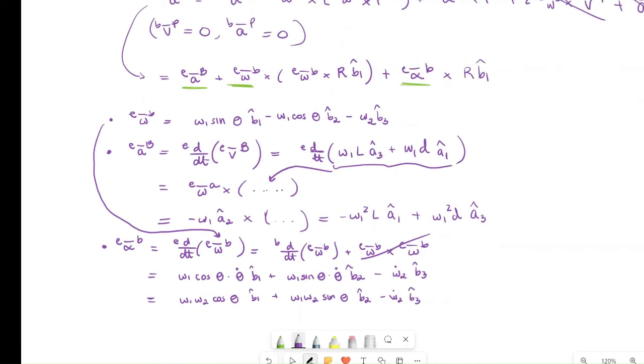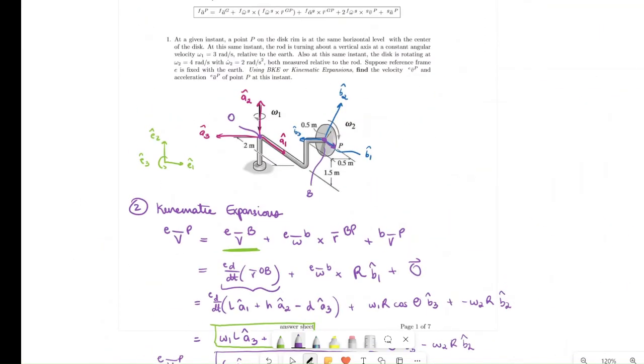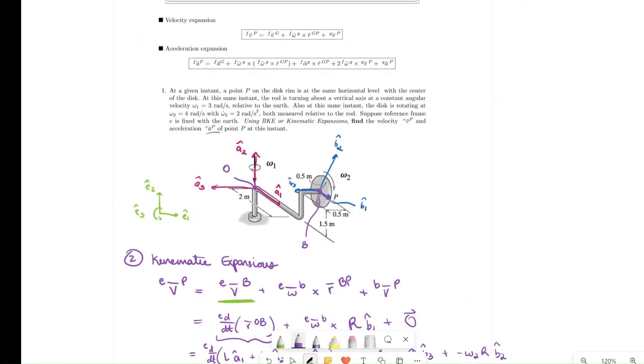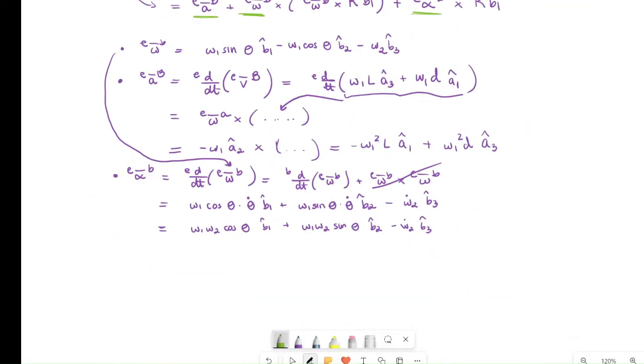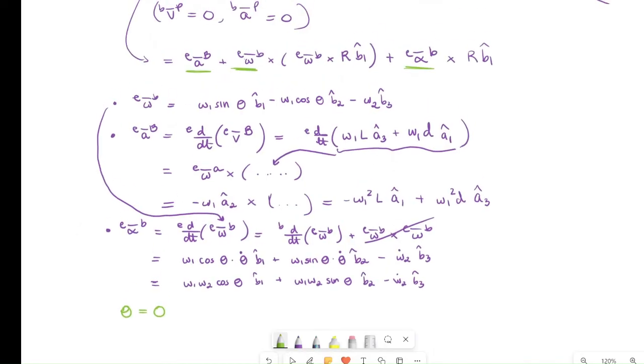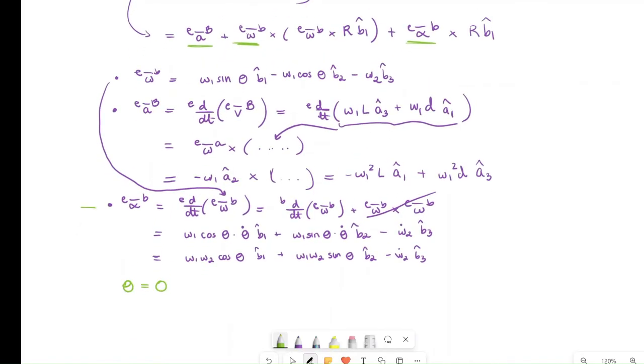Okay. So now we have our three things, and here's where the power of acceleration expansion comes in. We want to find the acceleration of point P at this specific instant. So remember that at this instant, theta equals 0. So I can just directly plug theta equals 0 into all these expressions, these three expressions. So what does that give me? Sine theta is equal to 0, so this becomes 0. Well, yeah, that becomes 0.